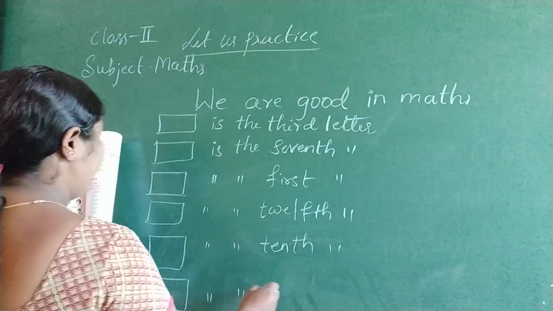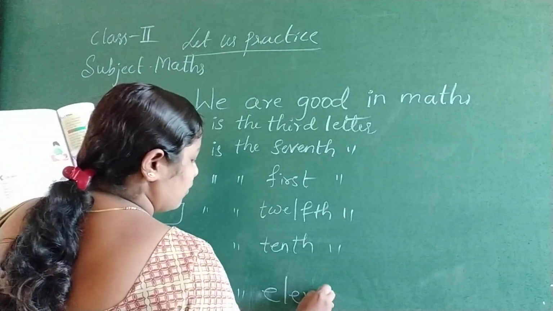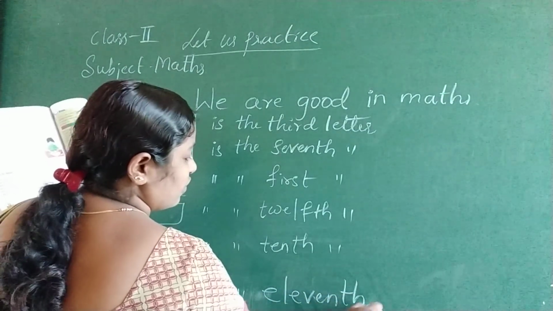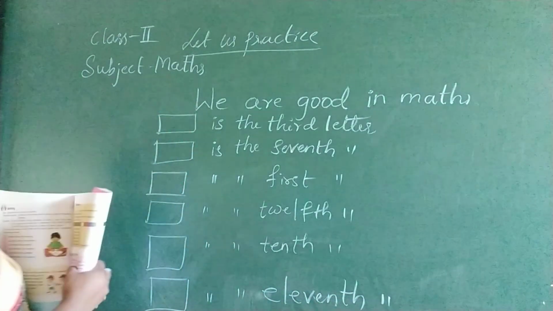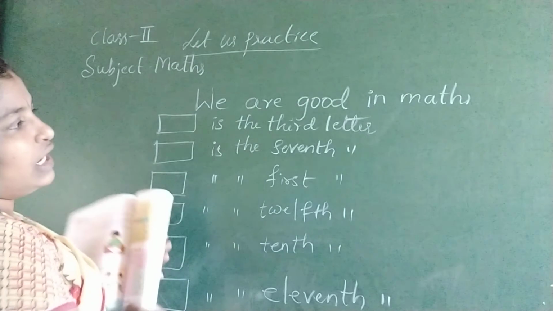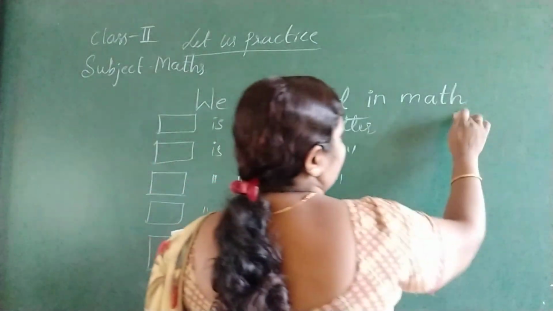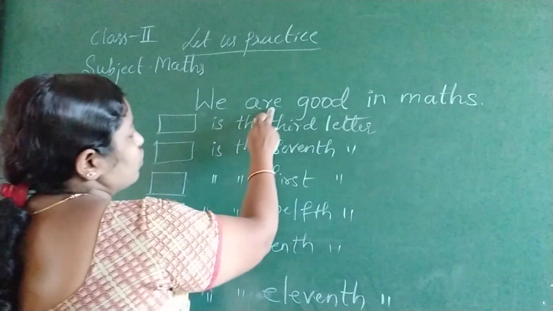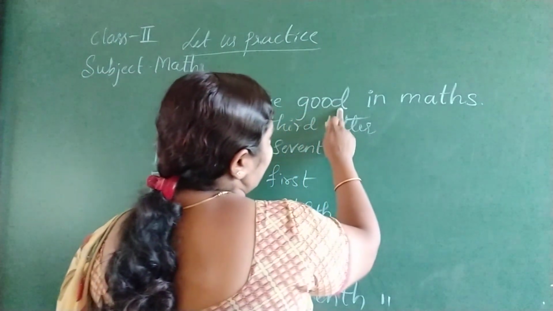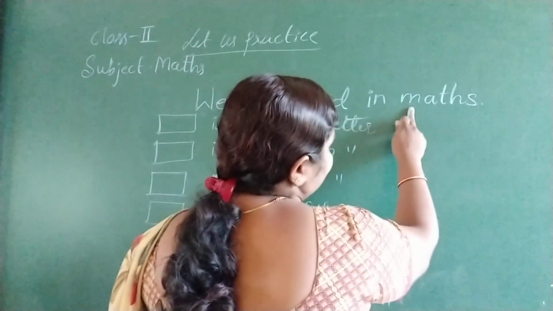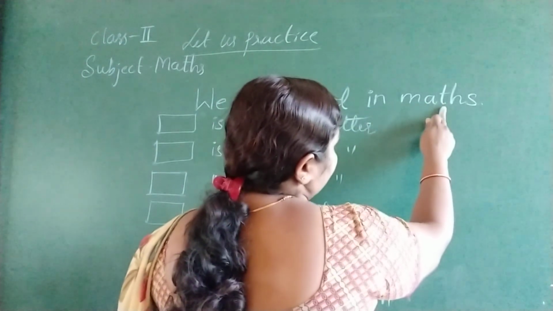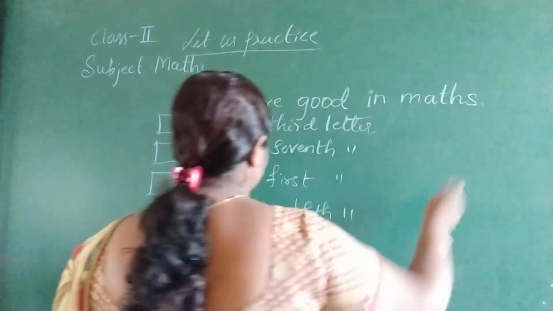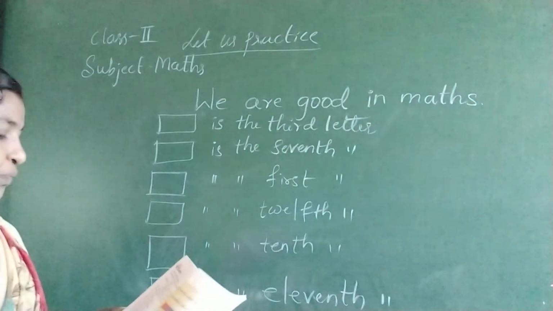Is the 11th letter of the sentence. We are good in maths. Okay, there are some letters: first, 2nd, 3rd, 4th, 5th, 6th, 7th, 8th, 9th, 10th, 11th, 12th, 13th, 14th, 15th, 16th. Okay.